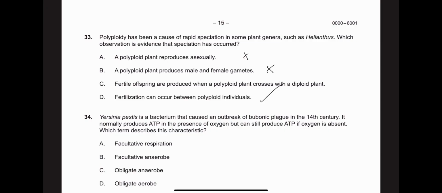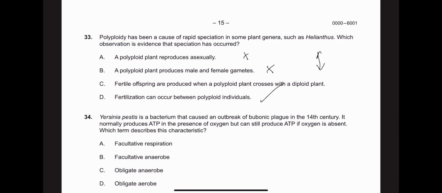So, speciation is when a new species is formed, and in terms of polyploidy, it occurs when we have this new chromosomal count of a certain species forming a new species, and when they can breed with each other, it's literally the definition of species.